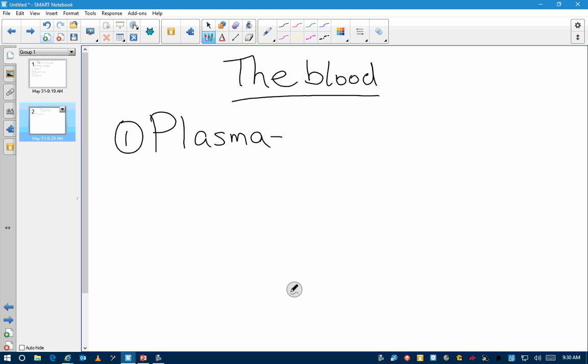Does anybody know what plasma is good for? If your textbook is in front of you, you can cheat. It's mostly made up of water, so let's say that first. It is fluid, you're right. It contains the blood cells, so it gives a structure for your blood cells to be carried in.